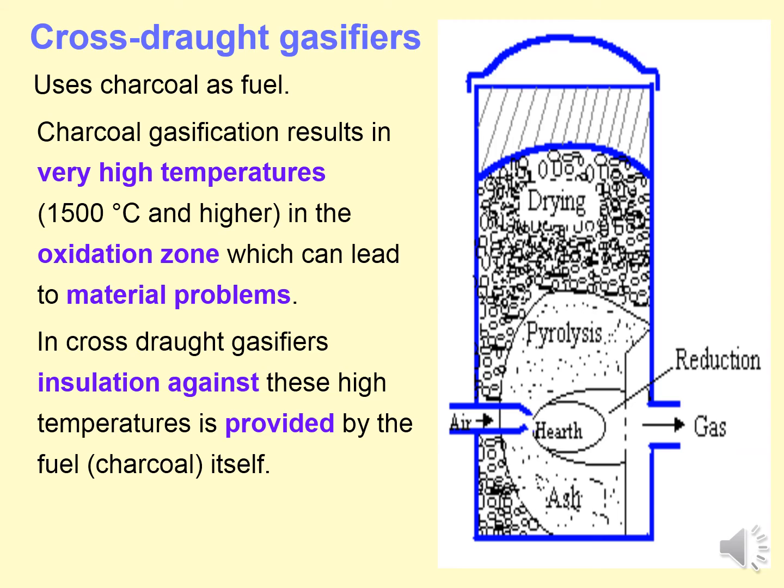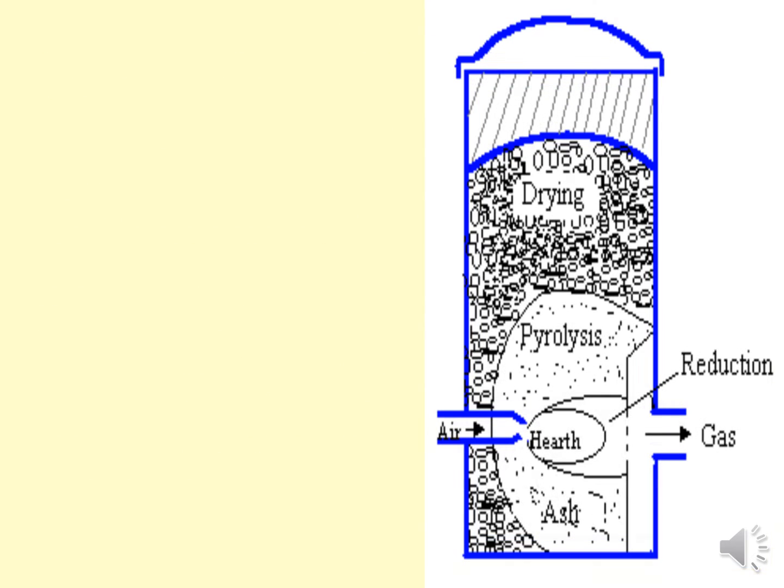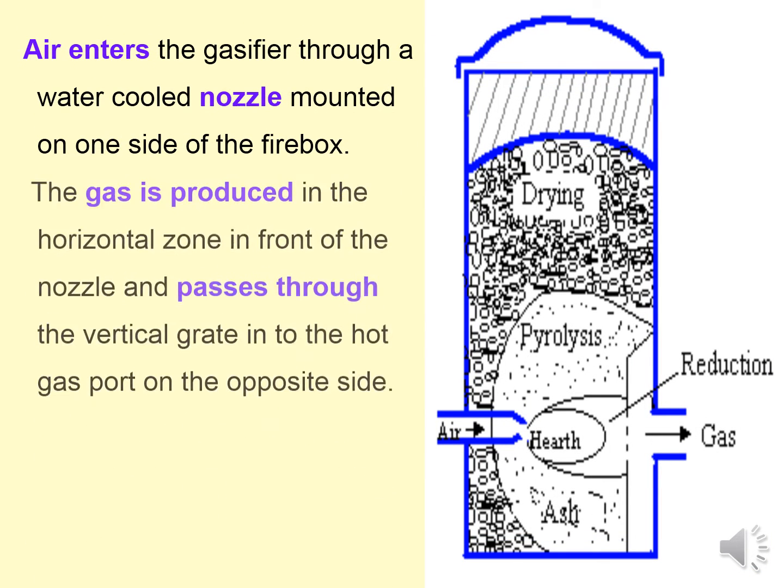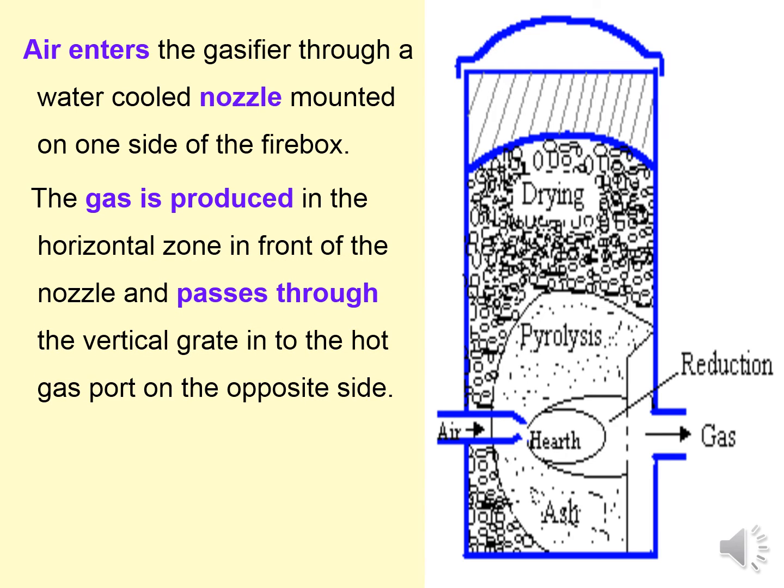In the cross draft gasifier, insulation against this high temperature is provided by the fuel itself. Air enters the gasifier through a water cooled nozzle mounted on the side of the firebox. The gas produced flows horizontally in front of the nozzle and passes through the vertical grate into the hot gas port on the opposite side.